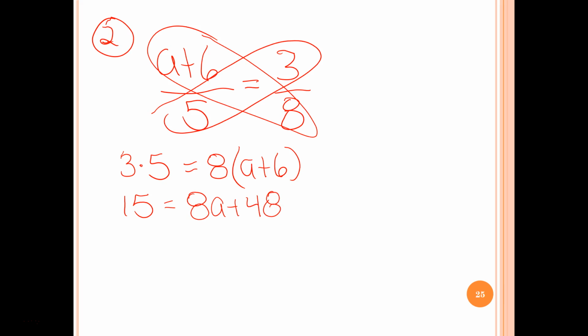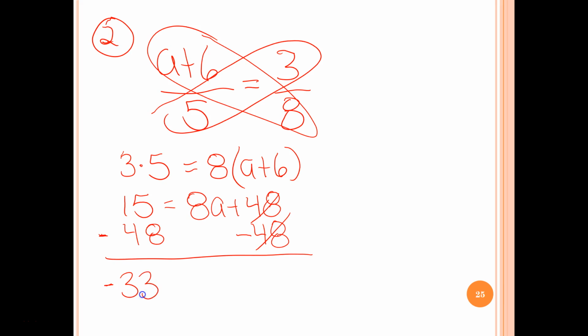Now, because a is already on the right, I'm not going to move that over to the left like I have traditionally in other problems. Instead, what I'm going to do is get a by itself by removing this constant term and bringing this over to the left-hand side of the equation to get it out of there. And 15 minus 48 gives us negative 33.